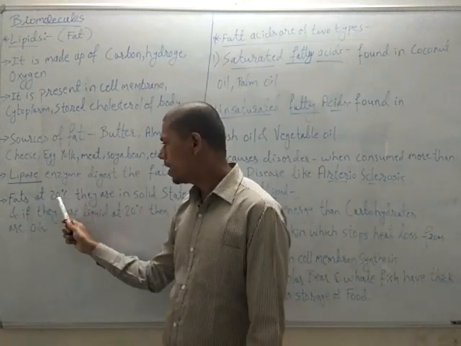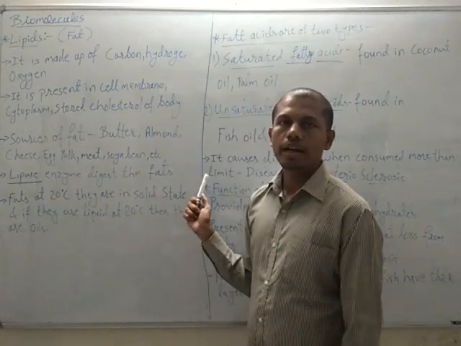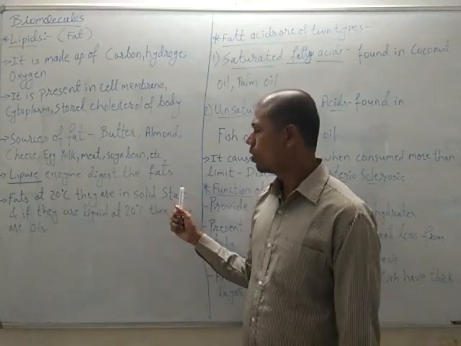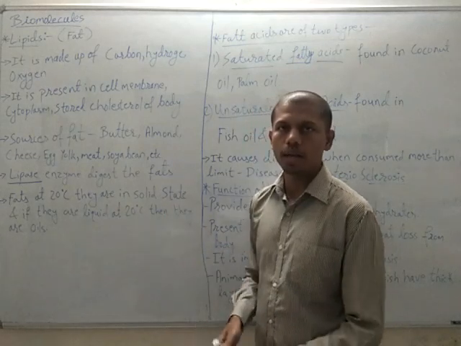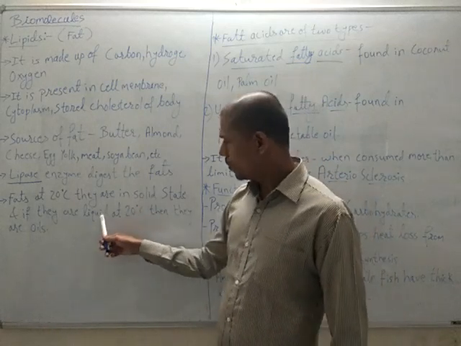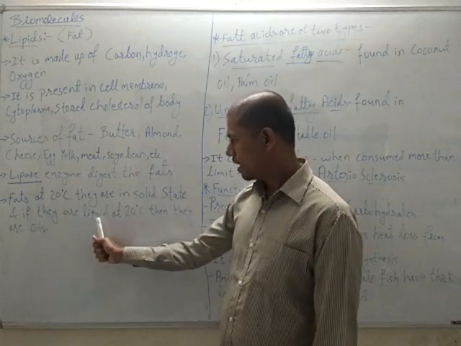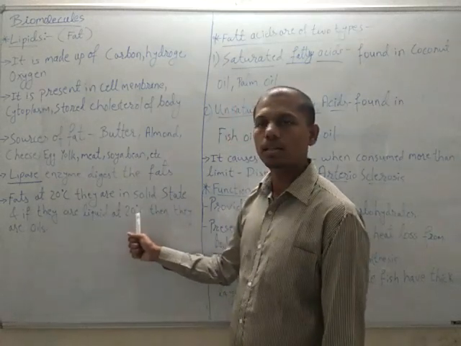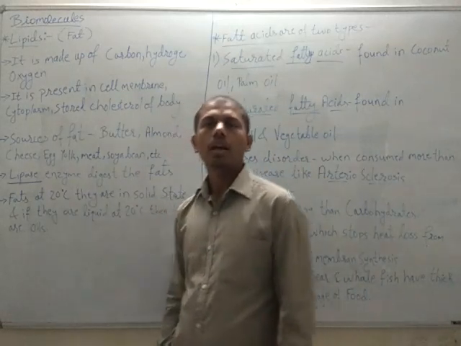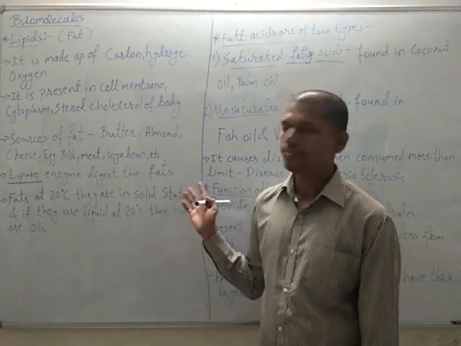Fats at 20 degrees Celsius are mostly in solid state. If fat is solid at 20 degrees Celsius, it is the general fat.